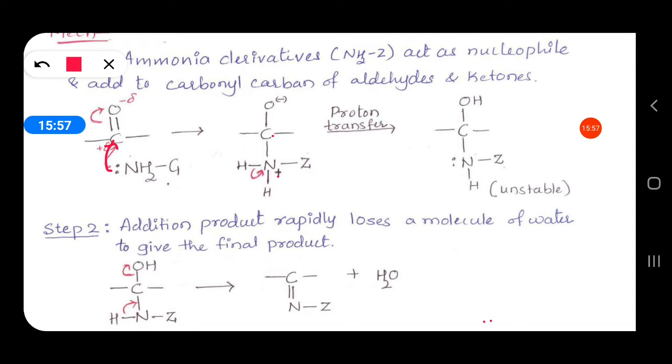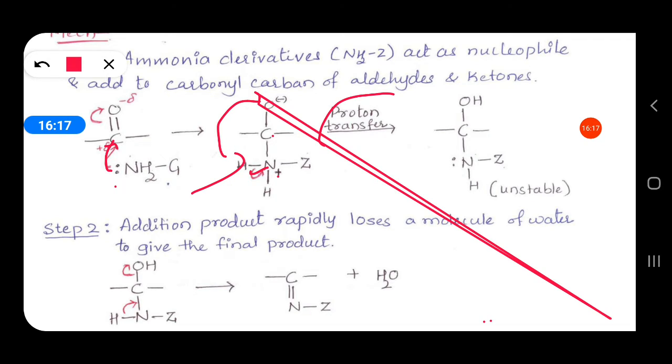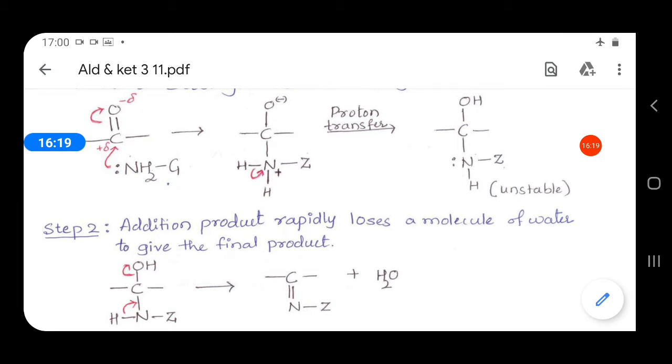For this new bond formation, nitrogen loses a pair of electrons, so it gets a positive charge. Now, from this amine group, one of the NH bond electrons are given back to the nitrogen and H plus is removed. That proton is transferred to O minus. So proton transfer takes place from the amine group to O minus.